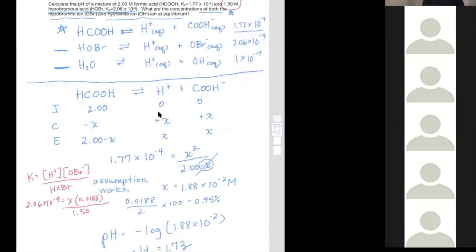It's going to be 1.50 minus X, but we're going to ignore the X because our assumption worked. So we're going to assume it works here too. And we're going to have X equals then 1.6 times 10 to the negative 7th. And since X is going to be the OBr minus, we have calculated that concentration.